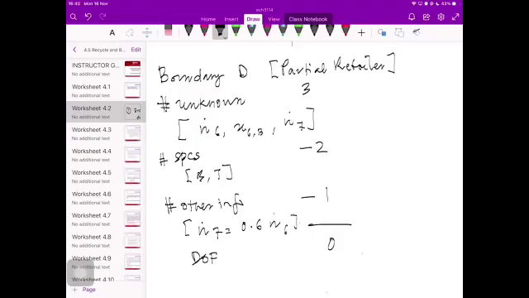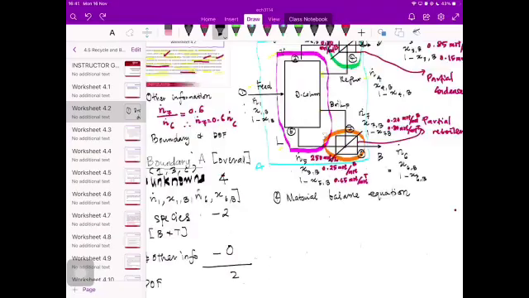So first, we have to solve at the partial reboiler. All right, so let us set up our material balance equation, since our partial reboiler has a DOF equal to 0. So we're going to set up the material balance equation at the partial reboiler and then solve the equations directly.